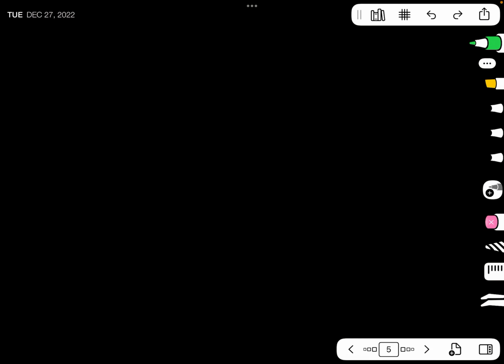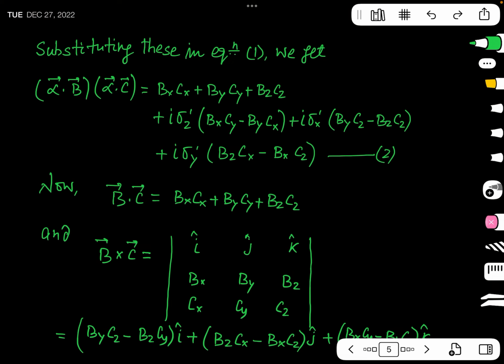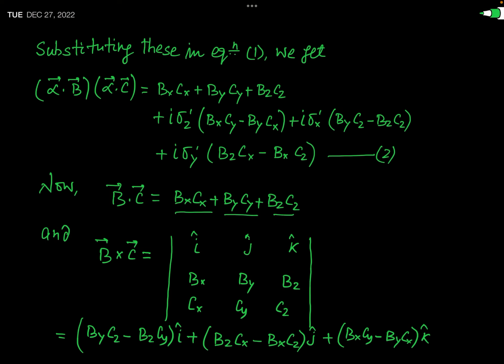So here I have mentioned that bx cx plus by cy plus bz cz is equal to b dot c.